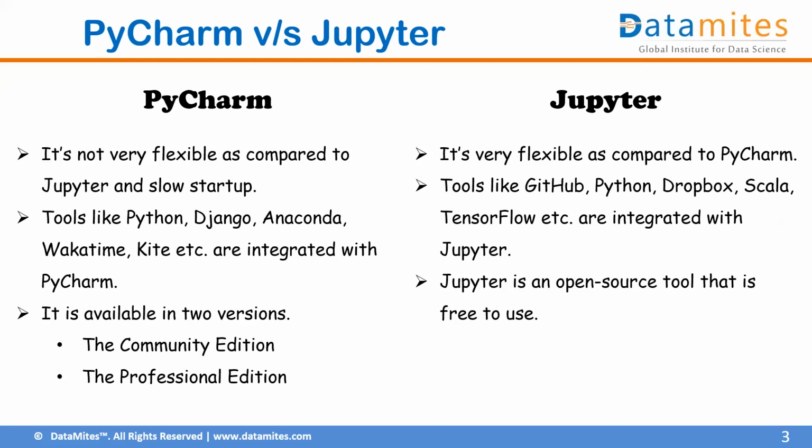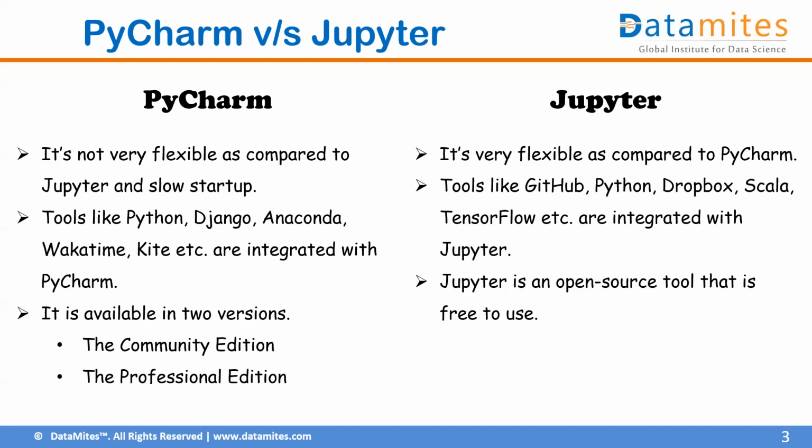Let's say some code is throwing an error. In PyCharm, you need to go through the complete code and make some alterations. But in Jupyter, whichever line is throwing the error, you can simply modify it at that instance itself. That is the amount of flexibility provided by Jupyter Notebook.